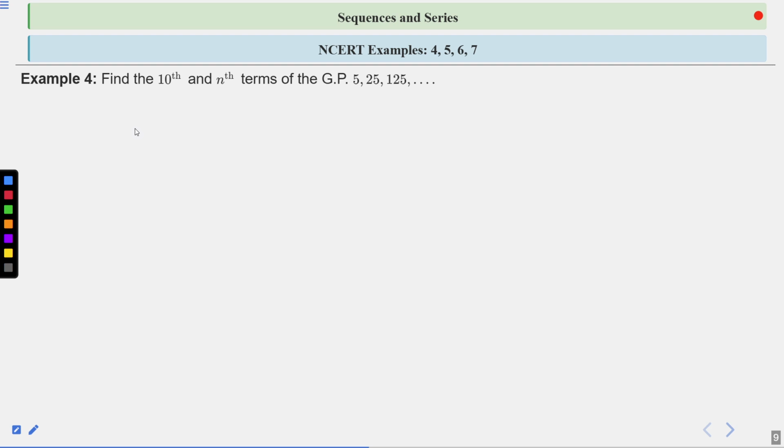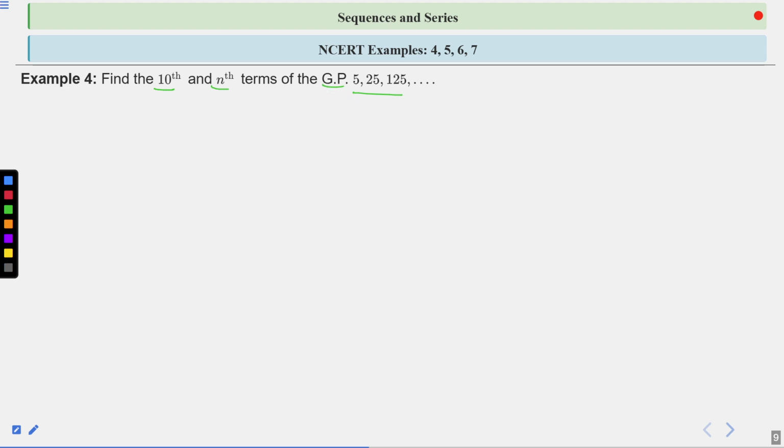Now, examples. Find the 10th term and nth term of the GP. The sequence given to us is 5, 25, 125 and so on, following the same pattern.